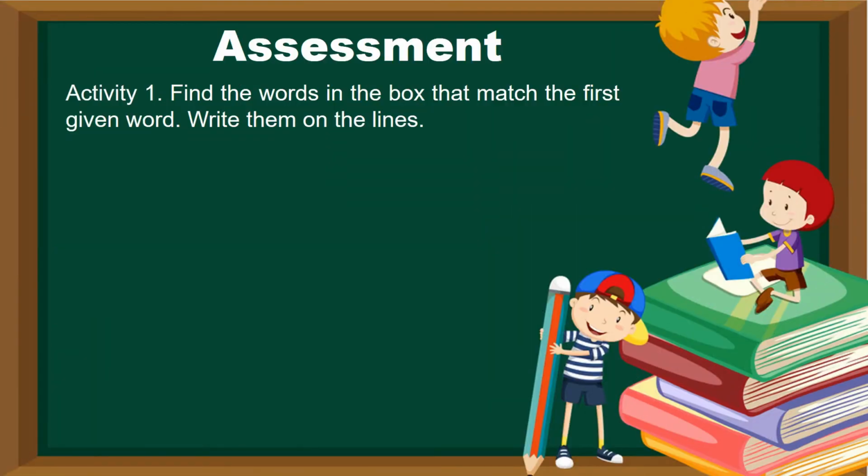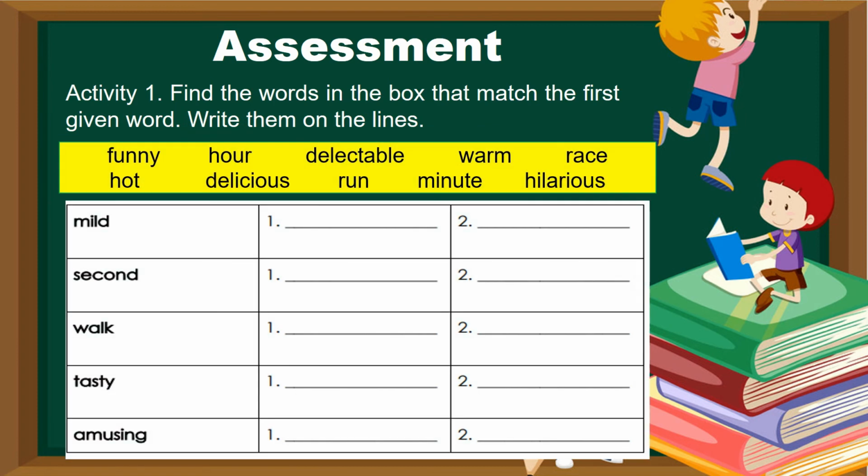By this time, let's assess your learning for today's lesson. For your Activity 1, find the words in the box that match the first given word. Write them on the lines. Words inside the box are funny, are, delectable, warm, race, hot, delicious, run, minute, hilarious.